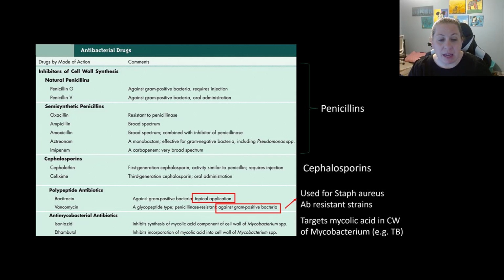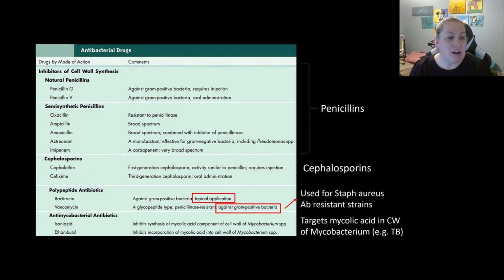We have some polypeptide antibiotics. These a lot of times are going to be topical, meaning they go on the skin. That's what bacitracin is. Vancomycin is really good against gram-positive bacteria. It's used a lot of times for Staph aureus infections, and especially those that are antibiotic resistant, it tends to work pretty well against them for now.